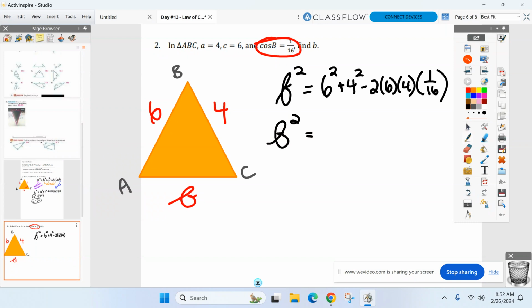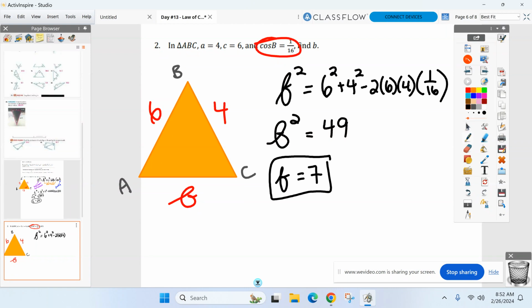We got a nice perfect number there, huh? Literally. So 7.